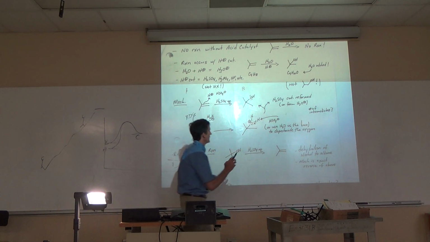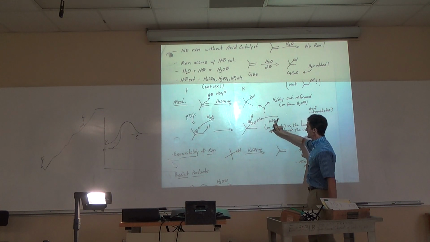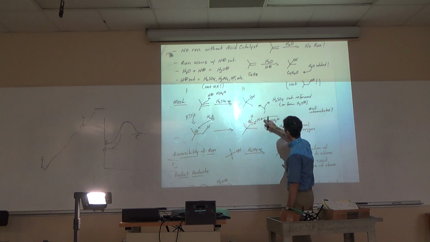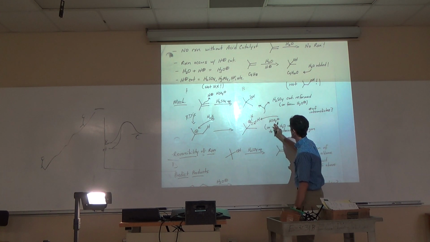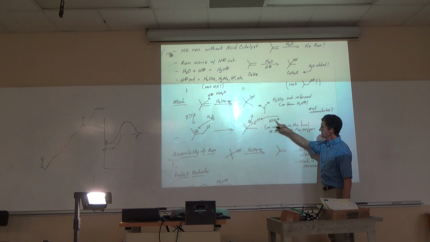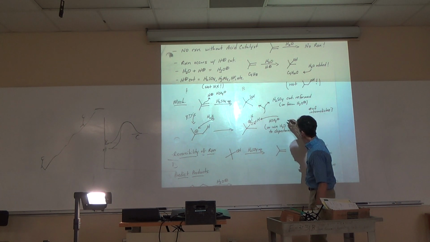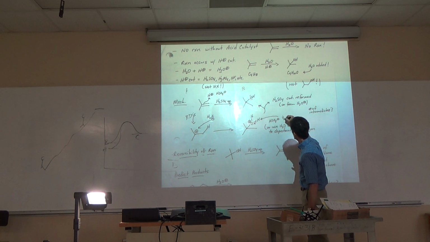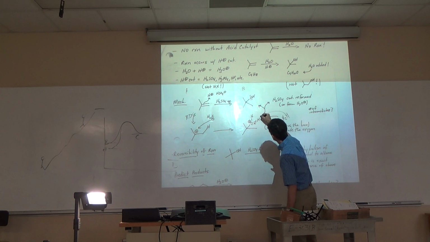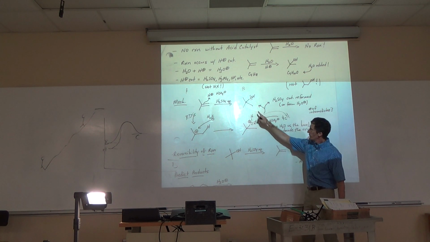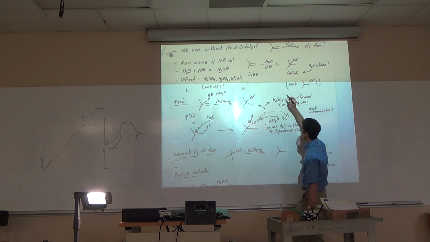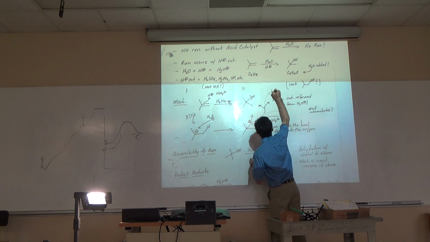Now, some books, some people will also use water here. Instead of using the conjugate base of sulfuric acid, we could use water. If we had used water as a base and these electrons took the H, we would have made H3O plus.